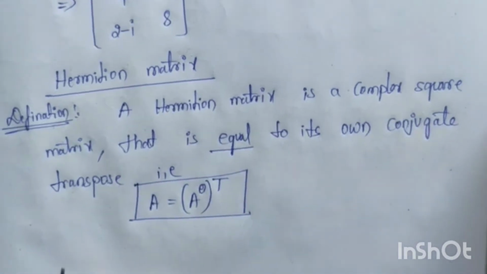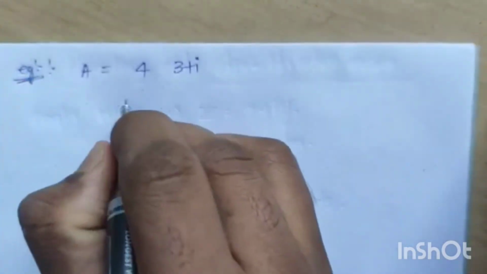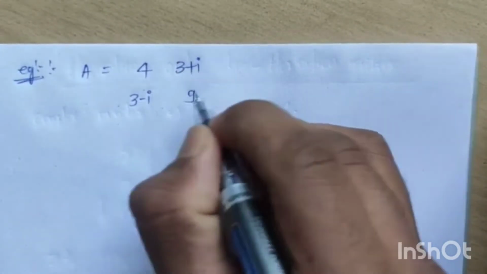Example, take down the example: A equals 4, 3 plus i, 3 minus i, 9.